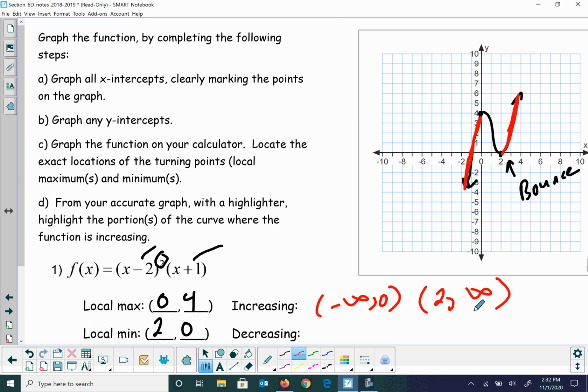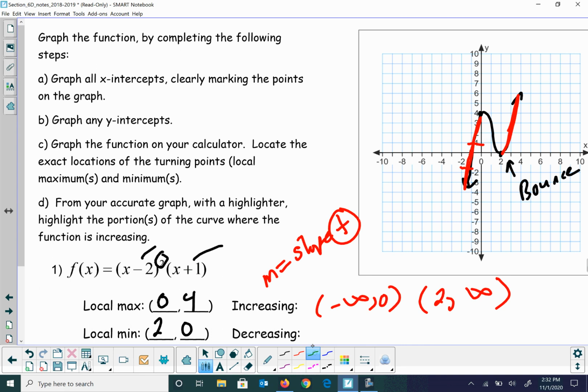Notice I'm using the soft brackets because right at 0, 4 or 2, 0, it's not increasing or decreasing. It actually has a slope of 0. Increasing means my slope, m, would be positive if I picked any 2 points along there.